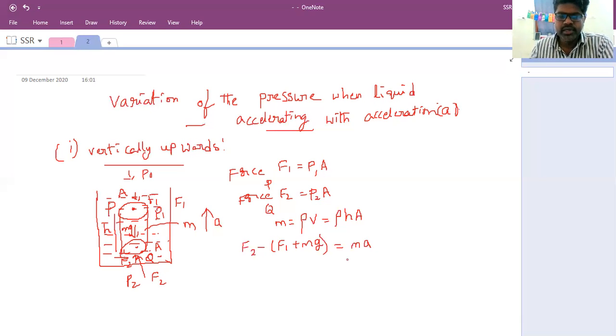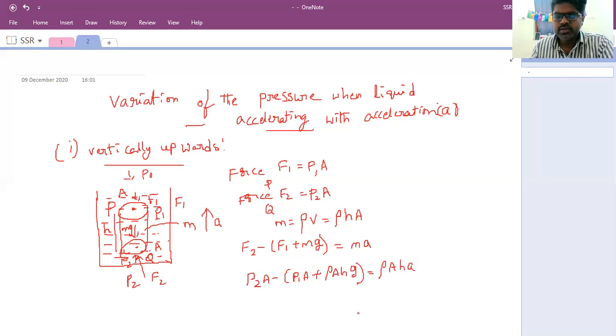F net is equal to ma. So you can substitute the F2, F1 and m values here. F2 is P2 into A, minus F1, which is P1 into A, minus m g, where m is rho A into H, into g, is equal to ma, rho A into H into a.